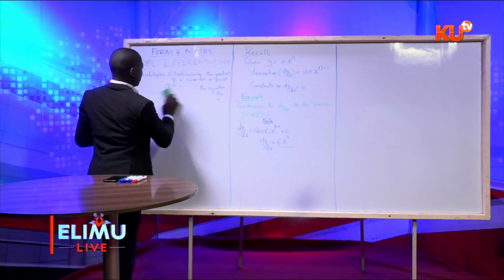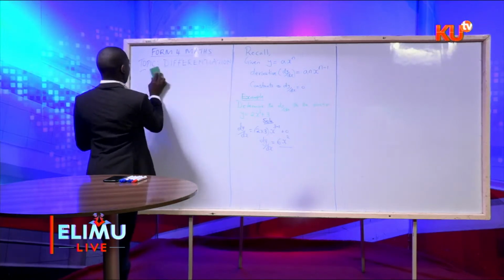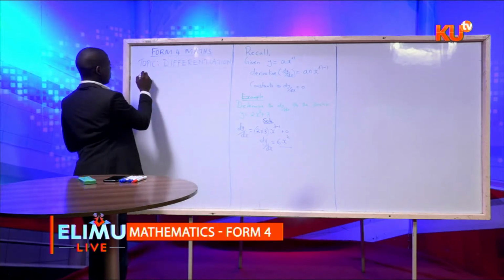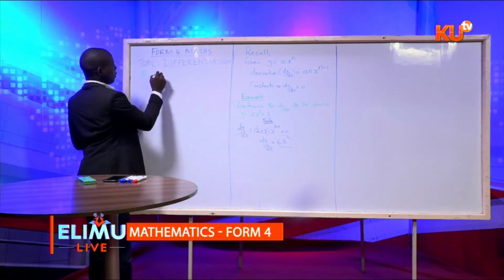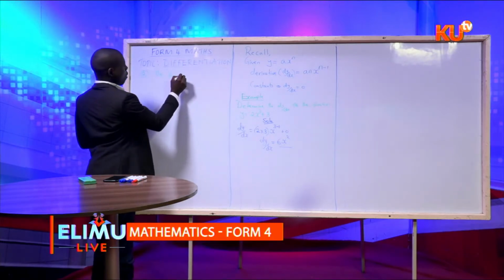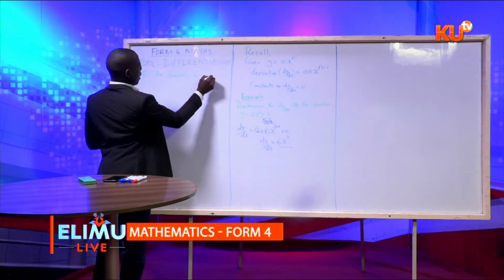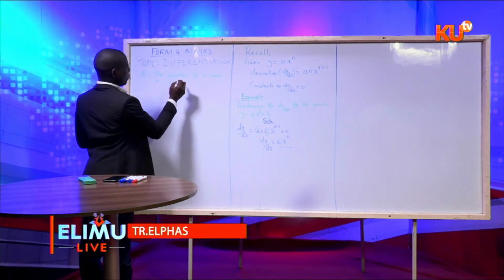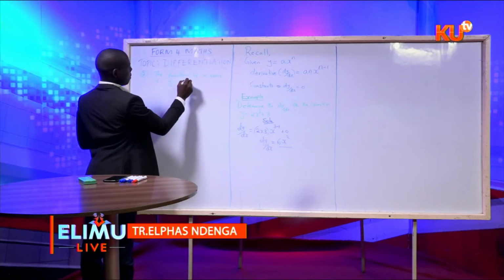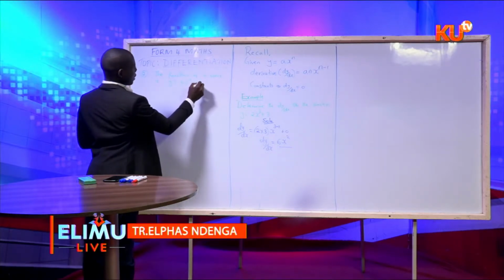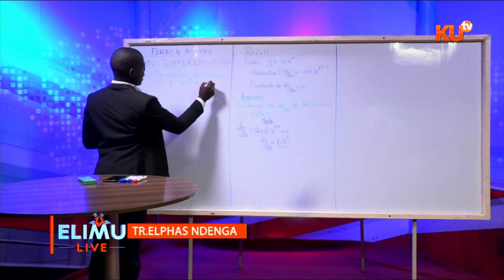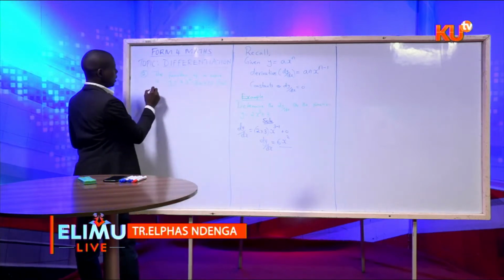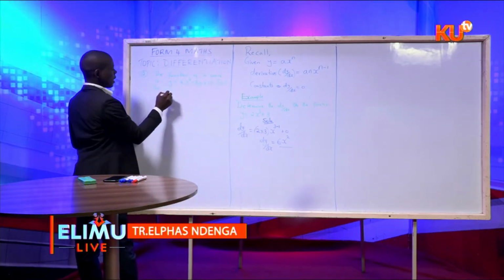Again, students, if we were to have this function as question number 2, we are told the function of a curve is y equal to 4x power 2 minus 3x plus 10, and you're told to find the dy dx.